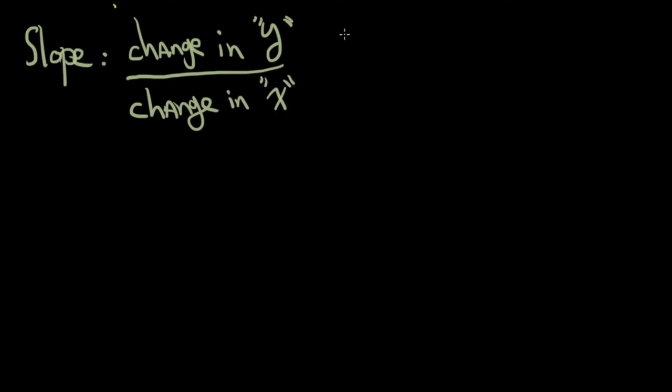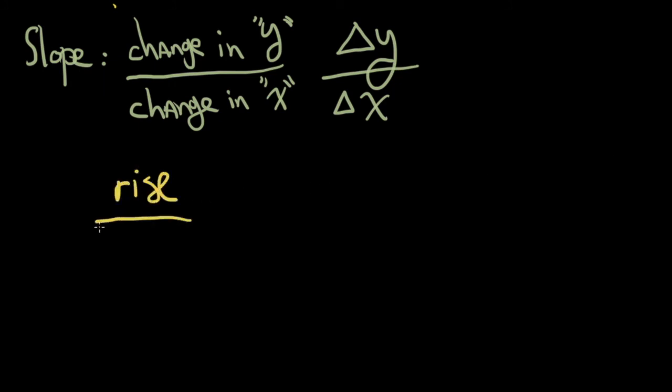If you want to be really fancy, we use this triangle symbol. Sometimes you'll see this. It just means change. So that's one way to say it. The kid version of this is rise over run. When you rise, we're talking about the y's, and when you run, we're talking about the x's.